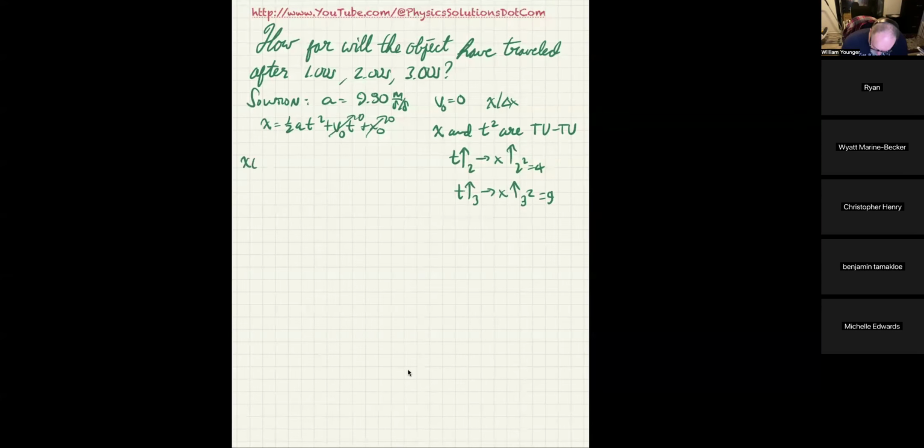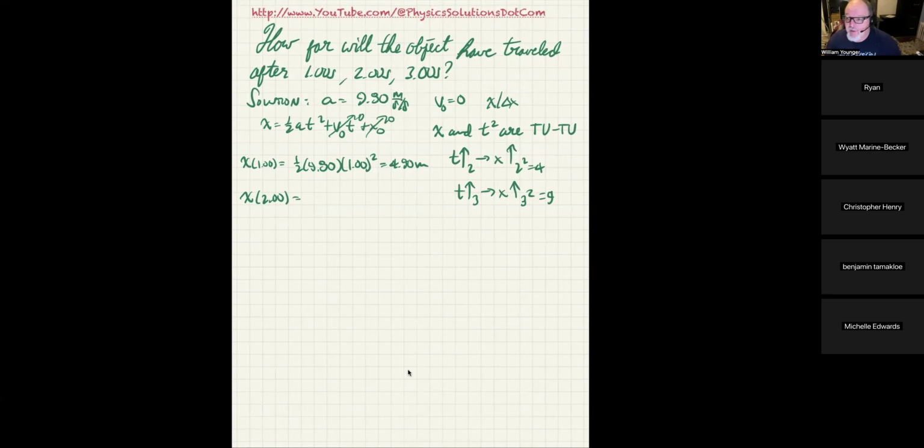So x of 1.00 is equal to 1/2 times 9.80 meters per second squared times 1.00 seconds squared. That's going to give you 4.90 meters. X of 2.00 is going to be 4.9 times 4.